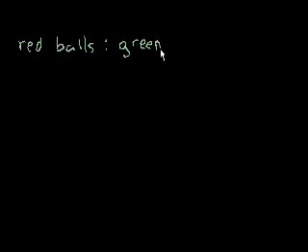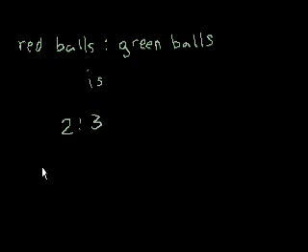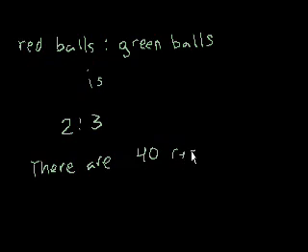If I told you that the ratio of, let's say, red balls to green balls in a bag is 2 to 3, and then if I also told you that there are, let's say, 40 red balls, how many green balls are there?